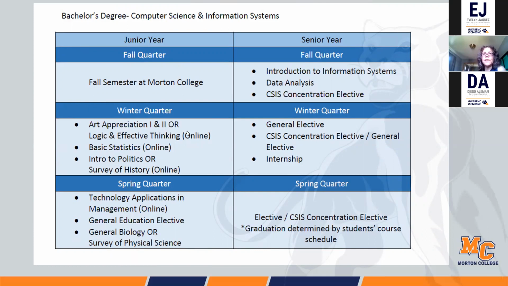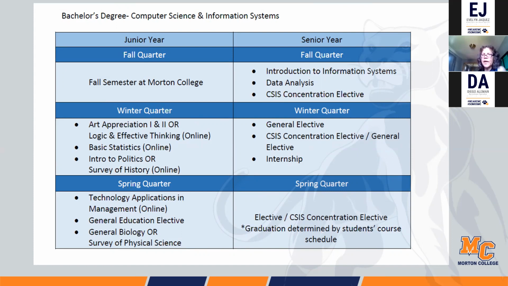So one of the advantages of choosing this program is that you also get an internship, and that's a very valuable thing to put on your resume when you get ready to graduate with your bachelor's and start looking for a job. If you could put something on your resume that you work somewhere.